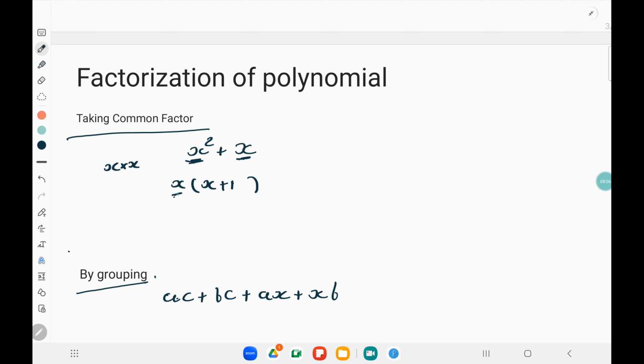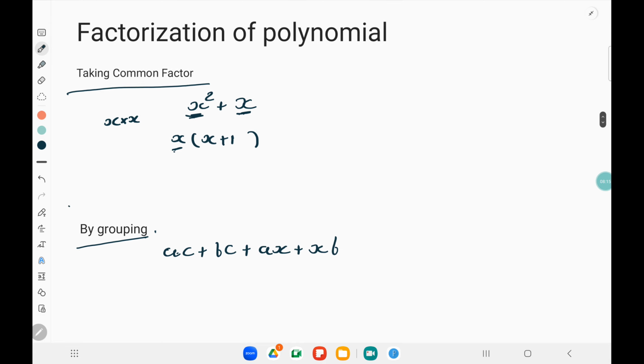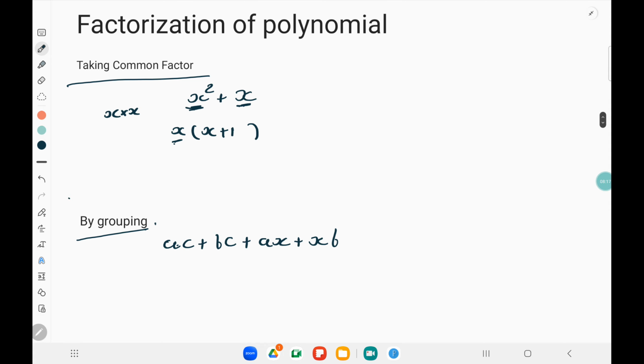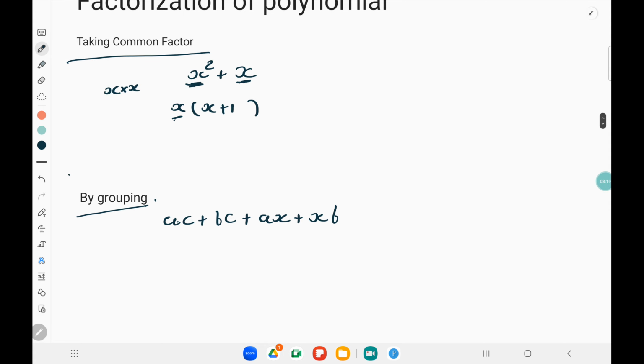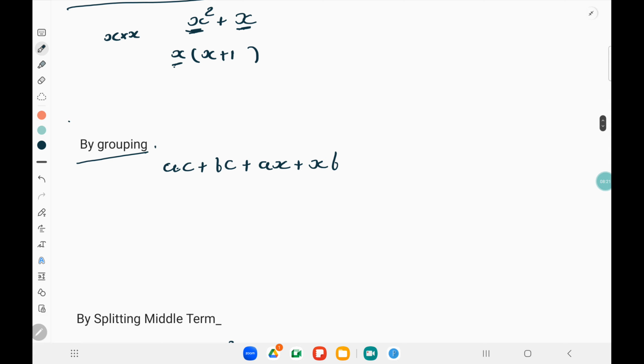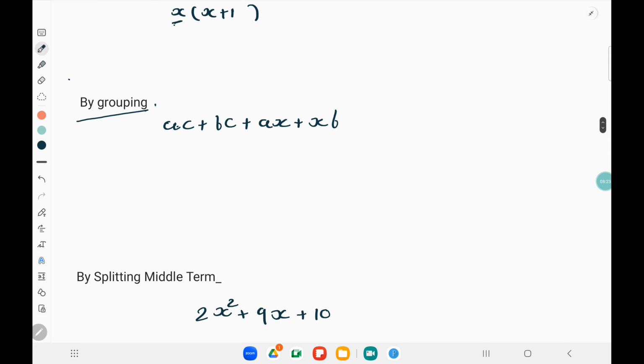So this is x in a bracket x plus 1. That is the method of taking common factors. It's not take away, it's taking common factor. Take away means subtraction, that would have a different meaning. Anyway, let's move on to the second method.